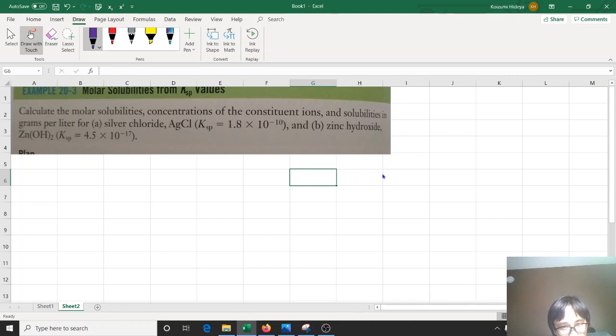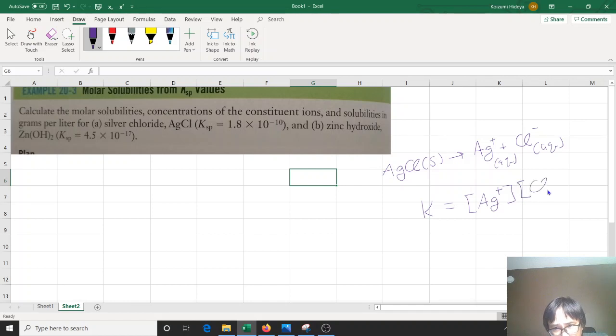In the reaction, the AgCl solid becomes Ag plus and Cl minus. These are aqueous. Then the equilibrium constant is given by the concentration of Ag plus and Cl minus, right?